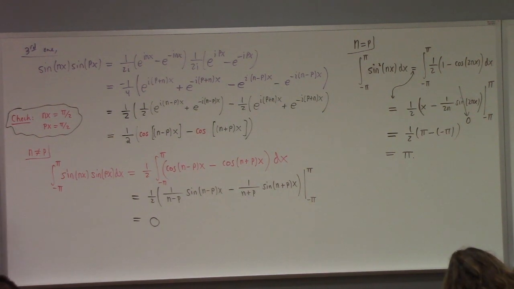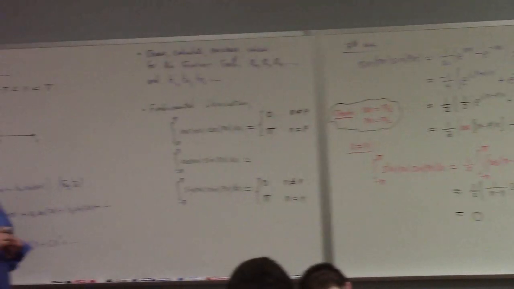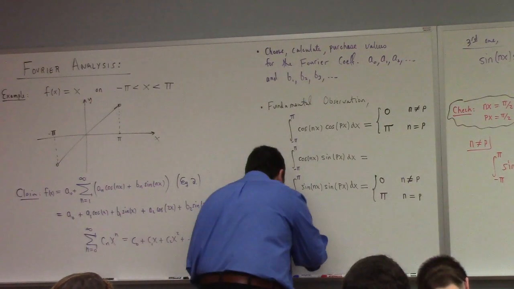And the middle one, you know what happens when you integrate cosine times sine? I got a pi. It's always pi. Here, let me give you an analogy.